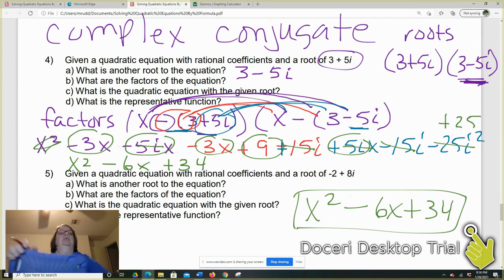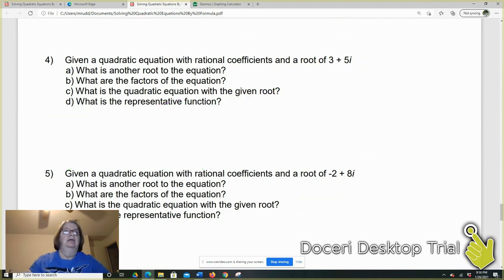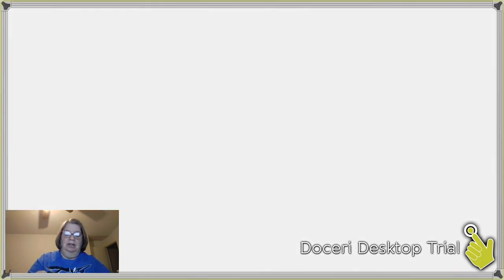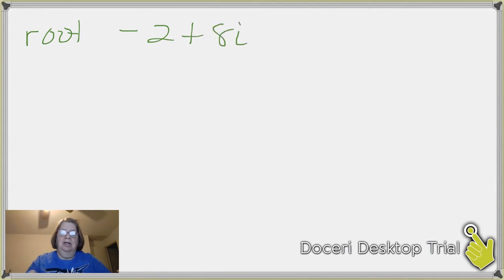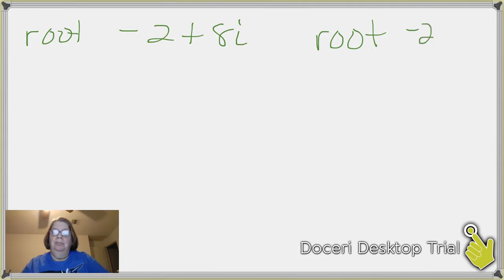Okay? All right, we got one more. I'm going to see if I can make this a little better for you to see. This equation is what? Given a quadratic equation with rational coefficients and a root of negative 2 plus 8i. So the other root has to be negative 2 minus 8i. Now remember, this is a root or a solution.